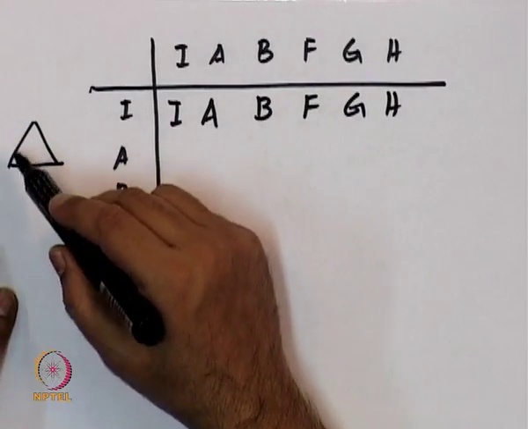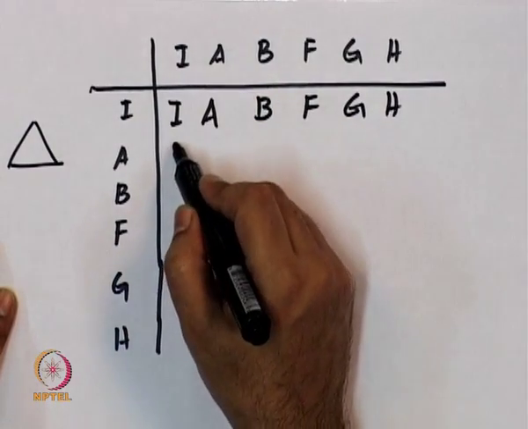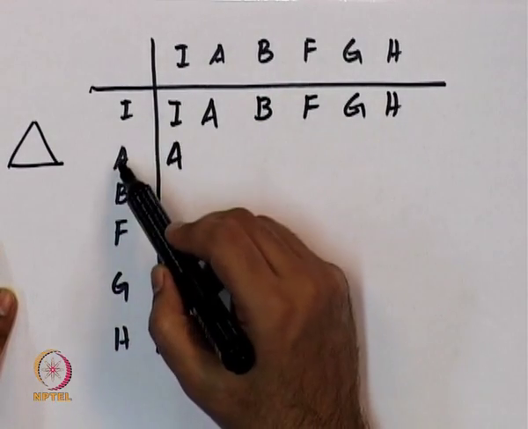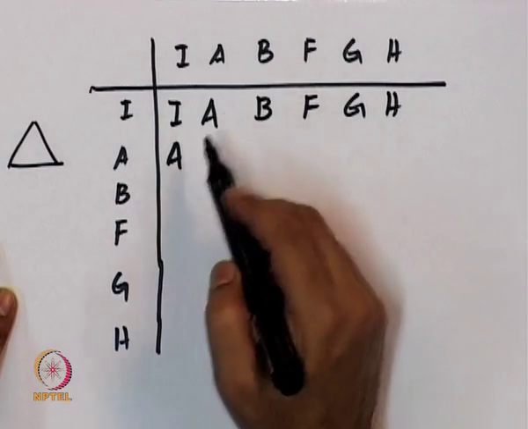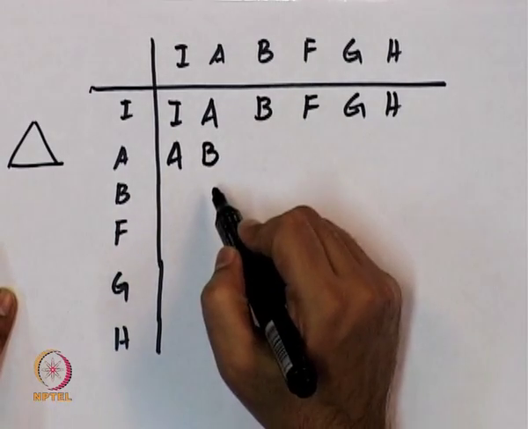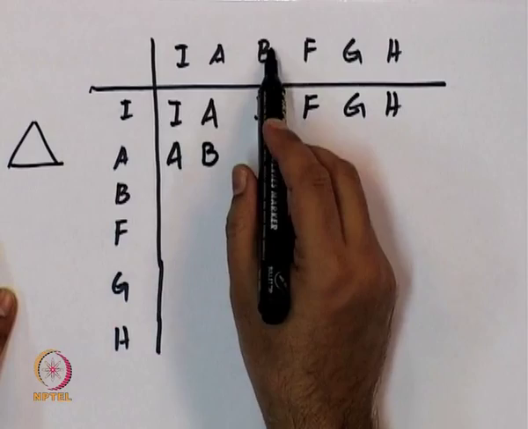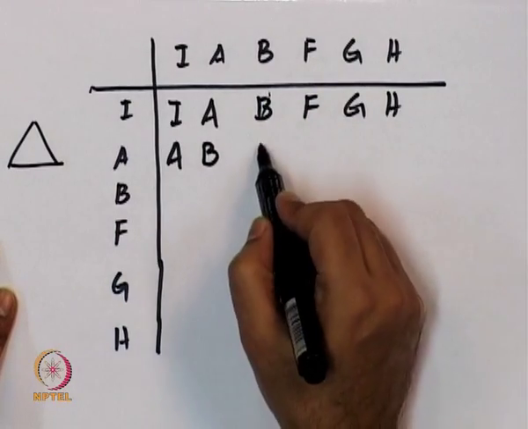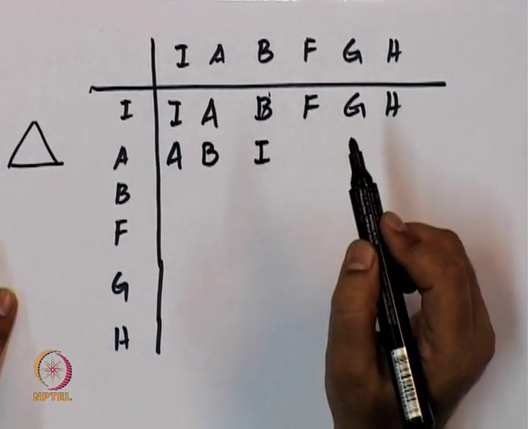Similarly, if I do a 120 degree rotation and then no rotation, that is A. If I do 120 followed by 120, that is equivalent to 240, so that will be B. If I do 120 followed by 240, that will be 360, which is equal to I, right.